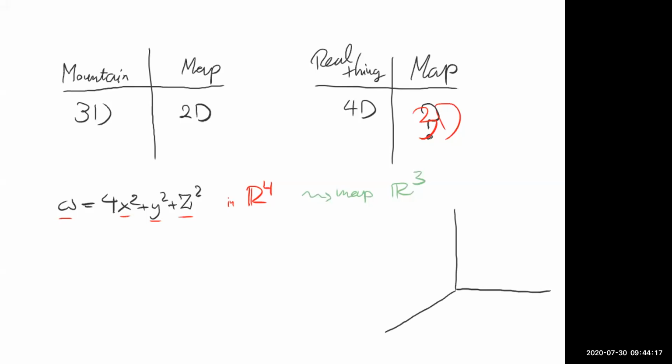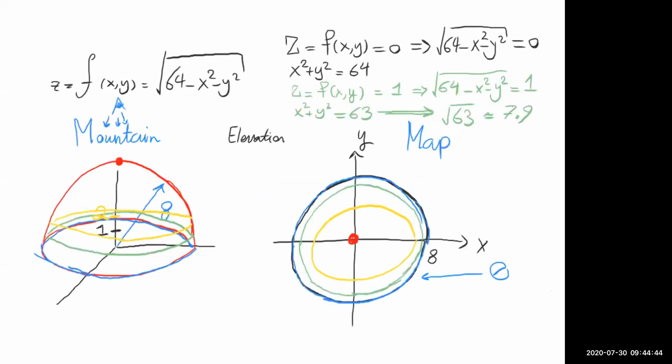Just like the elevation from sea level, here this thing is equal to the function f. We used to say let f be 0, let f be 1, let f be 2, etc., right? We were giving different values to f. We should do the same thing here too. When I say let f be 0 or 1 or 2, my map is two-dimensional.